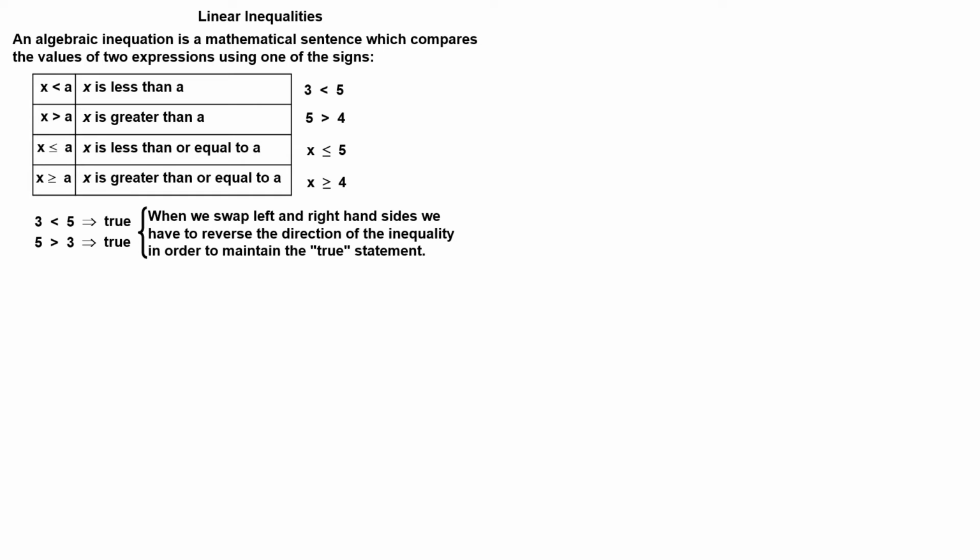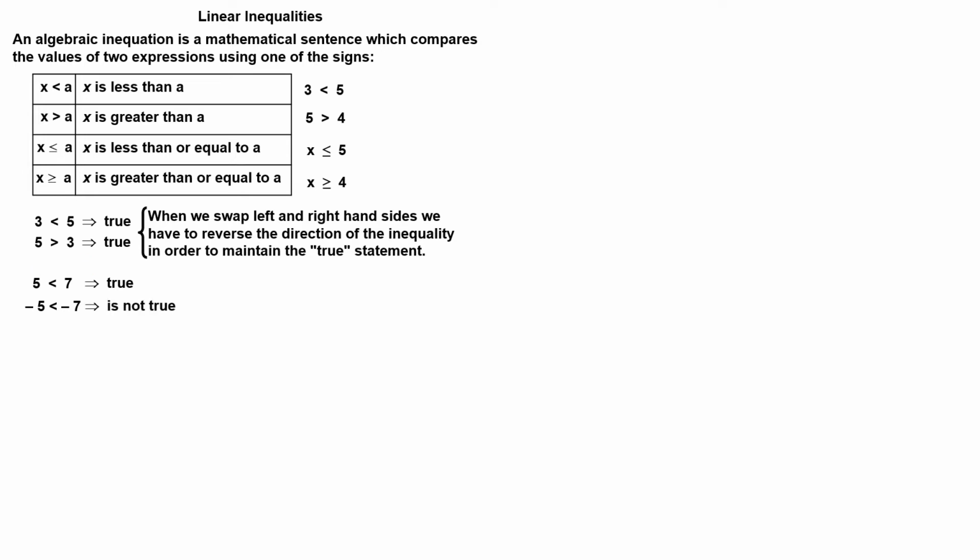Pay attention again. 5 is less than 7 is a true statement. Now let's multiply by minus 1 the left and the right hand sides. This statement is not true because minus 5 is not less than minus 7.